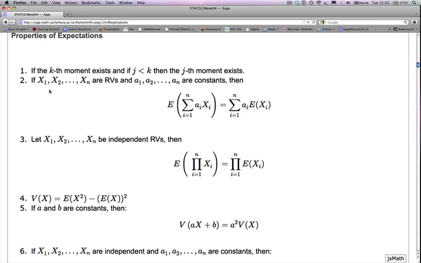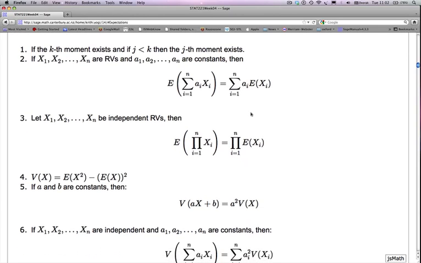Okay, so if x1, x2 up through xn are random variables and a1, a2 through an are constants, say real numbers, then the expectation of the sum as i goes from 1 through n of a sub i multiplied by x sub i is simply the sum of a sub i times the expectation of x sub i. So in other words, the expectation goes through this summation. Okay, and that's simply a consequence of the definition of expectation, namely it's an integral operator and you can take it inside the finite summation.